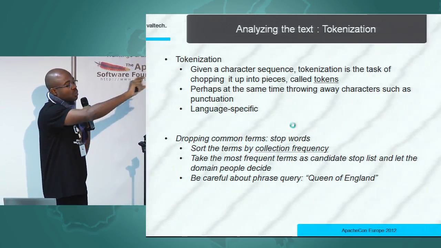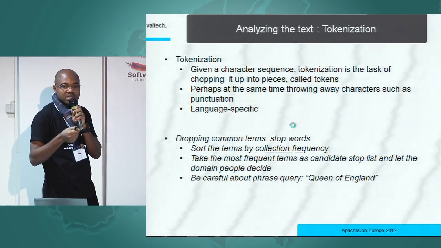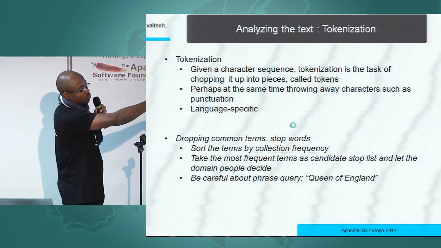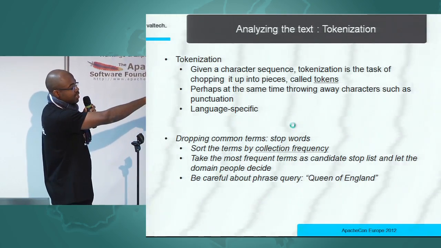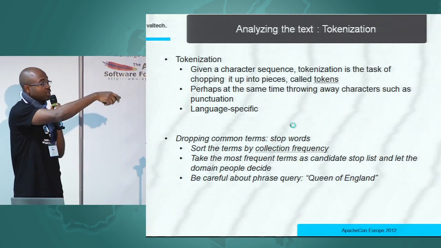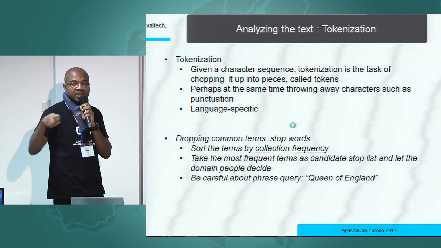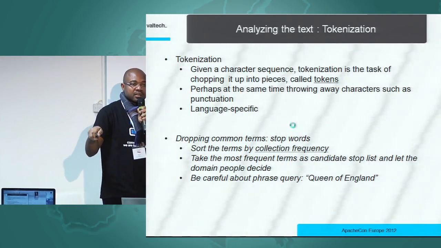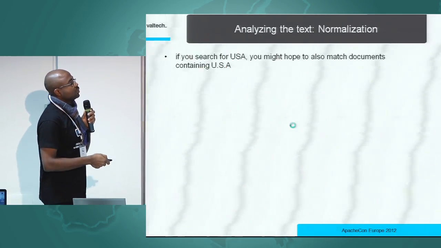When you choose your candidate stop list, you let your domain people decide what is important for them and what is not. Be careful, because if you suppress some words, you may miss some phrase queries, like Queen of England. When a user types this, he wants Elizabeth II. He doesn't want a queen is visiting England. So you should take this into account.